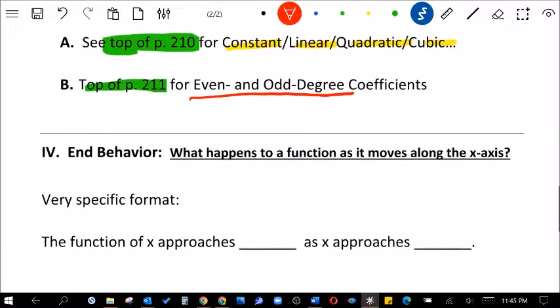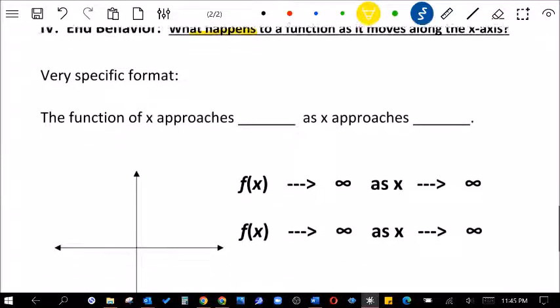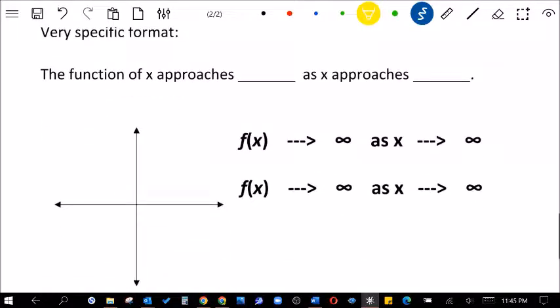I am going to have us focus now on what end behavior is. The concept of end behavior is what happens to a function as it moves along the x-axis. So let's take an example, one that is basic, x cubed.